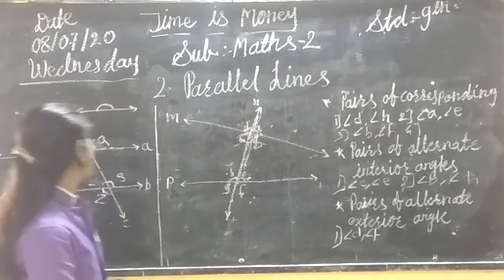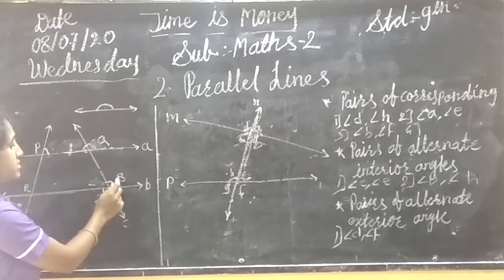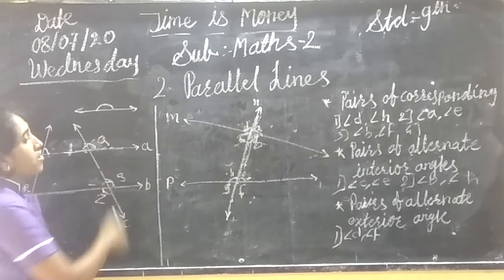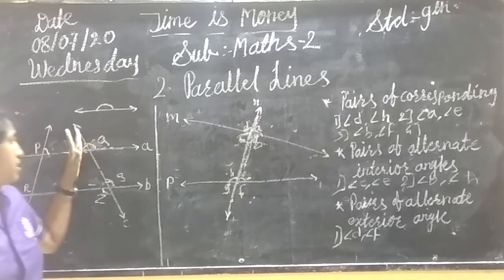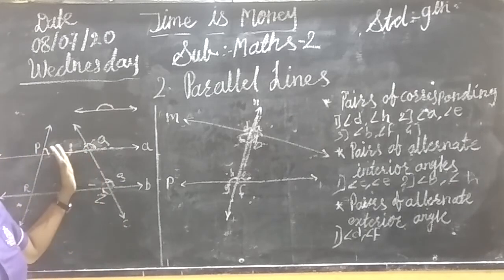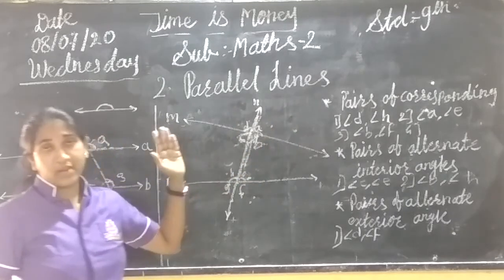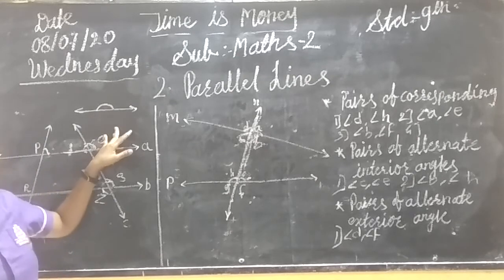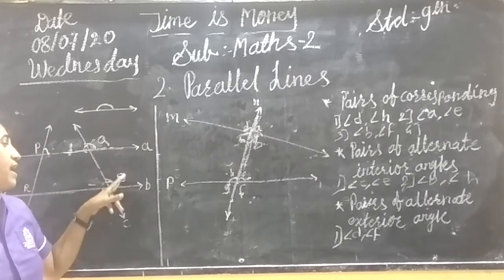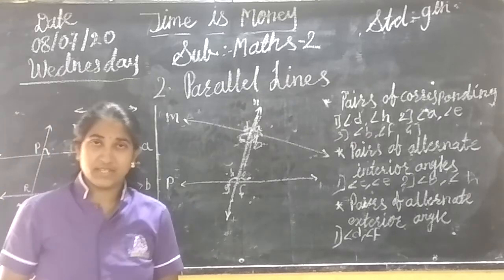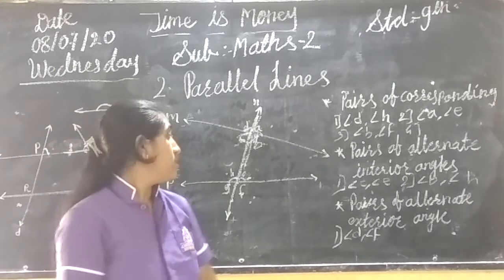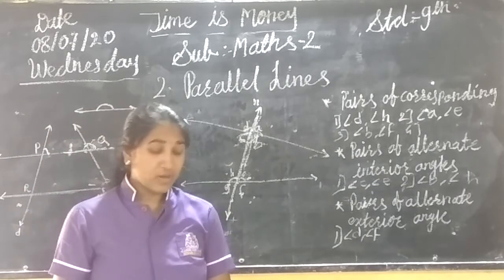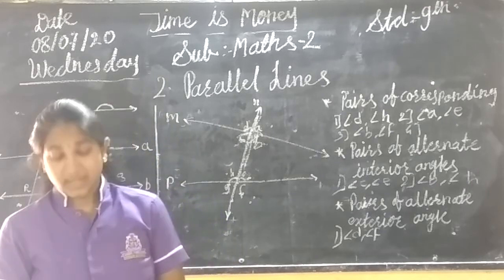That means if angle Q and angle S are congruent, then the other pair of corresponding angles are also congruent. If Q is 60 degrees, then angle S is also 60 degrees. It is a small thing, but you have to remember it. It helps you understand your practice set.